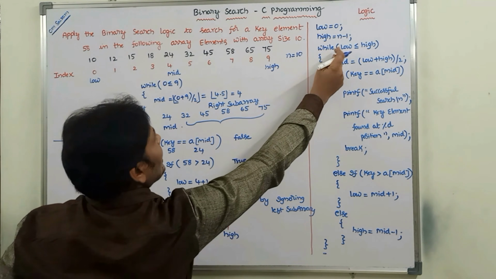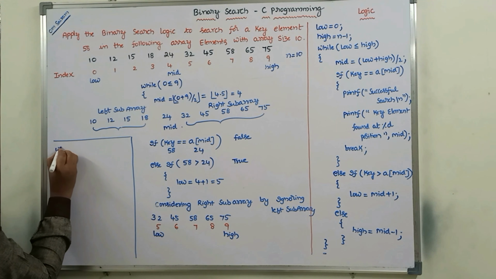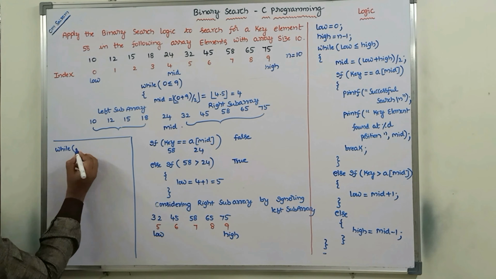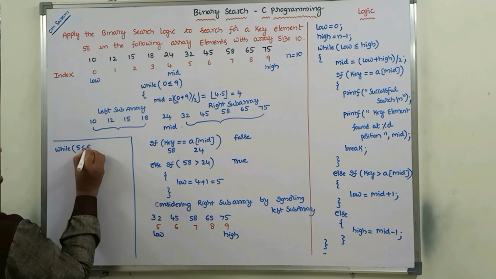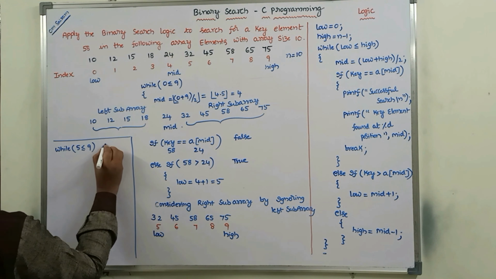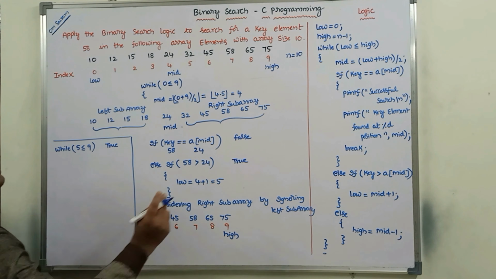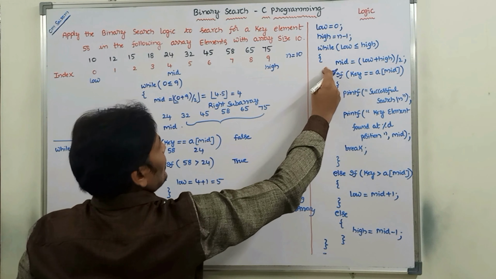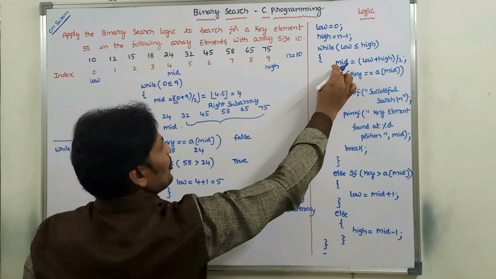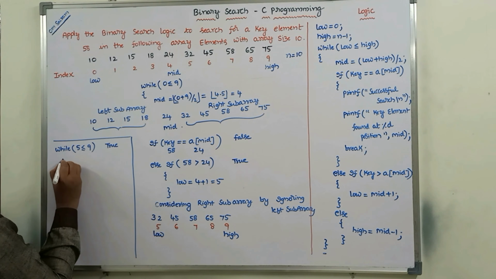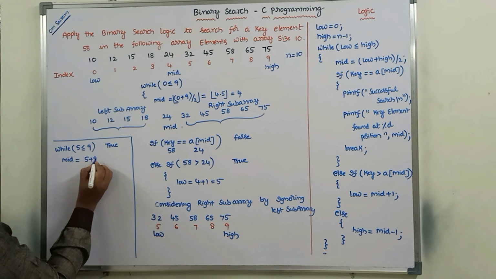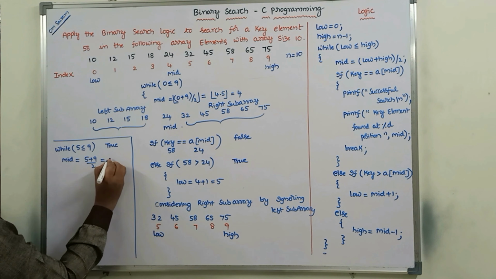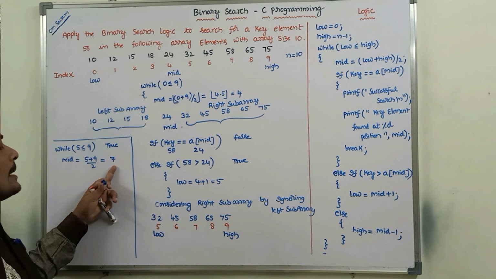Now while low less than or equal to high: low value is nothing but 5. 5 less than or equal to 9, so that condition is true. If this condition is true, then the body of the while loop is executed. First we have to calculate the mid value. So mid is equal to 5 plus 9 by 2. 5 plus 9 by 2, that is 14 by 2, that is 7. So mid value is 7.